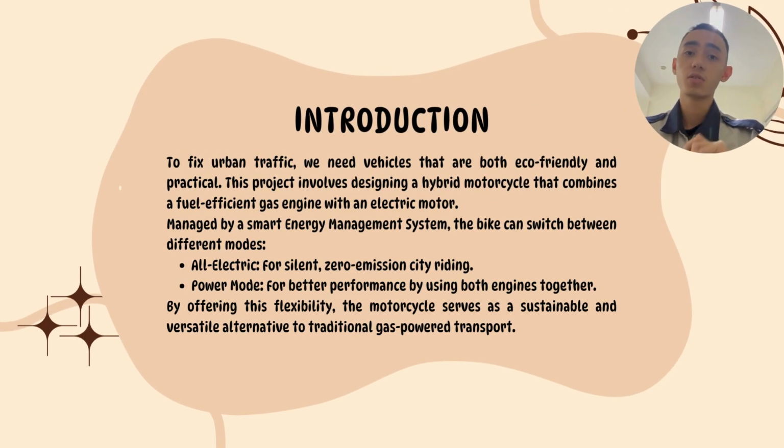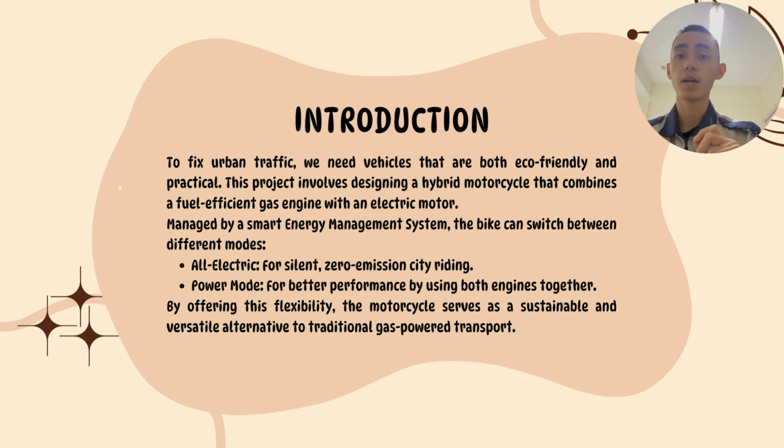Let's show the introduction. To fix urban traffic, we need a vehicle that is both eco-friendly and practical. This project involves designing a hybrid motorcycle that combines a fuel-efficient gas engine with an electric motor. Managed by a smart energy management system, the bike can switch between different modes.